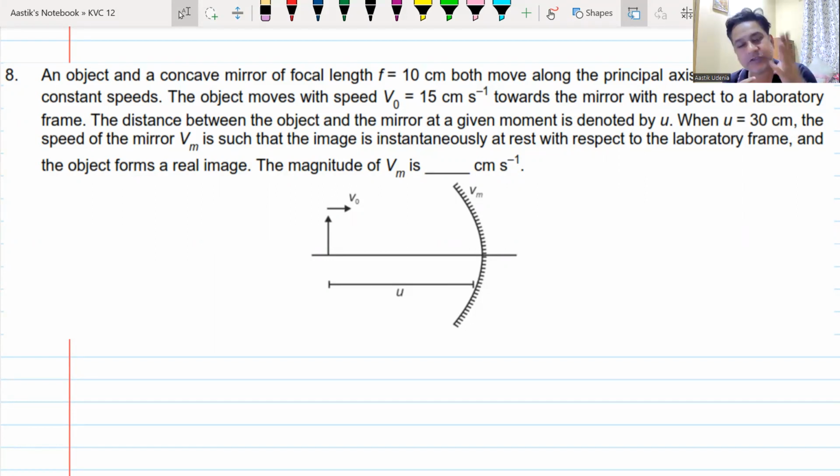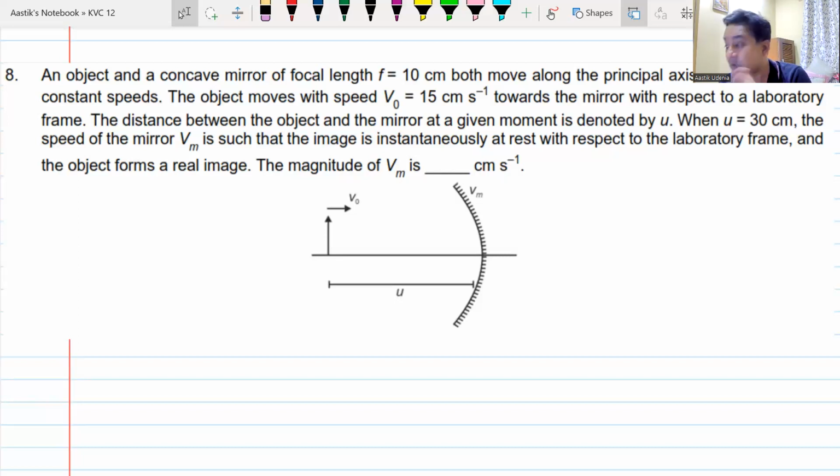Now the other point is 4 questions came in matrix match type. Simple ones, very simple ones. This one is probably the toughest of all. There were 8 questions actually; I forgot one where there was multiple reflection. There were 8 questions from optics in this year's JEE.